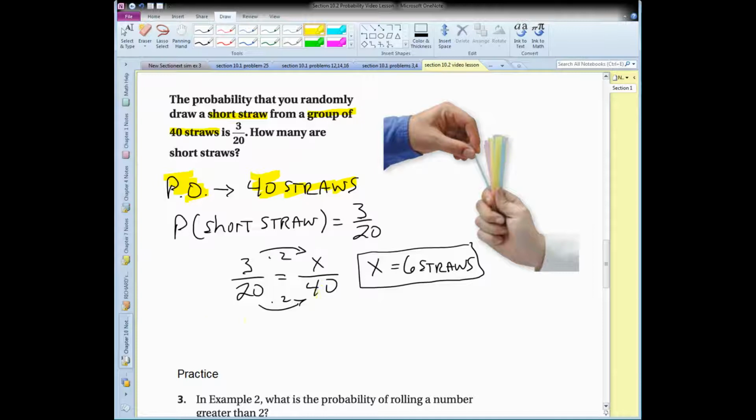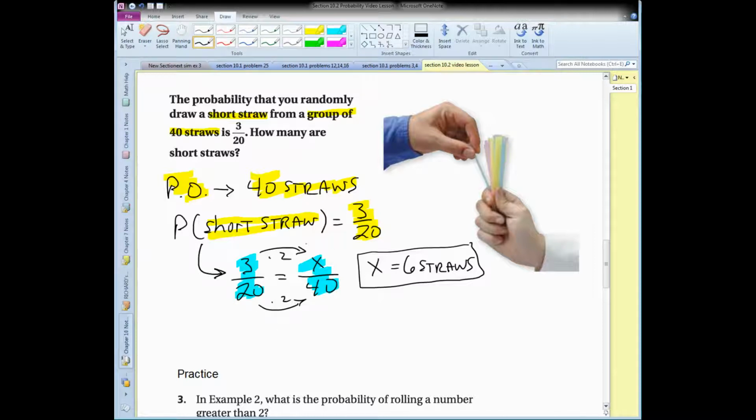So we are given the probability. The probability of drawing a short straw is 3/20. Remember, this is in simplest form, okay? We want to know how many short straws there are. So what I do is I set up a proportion. On one side of my proportion, I have my probability.